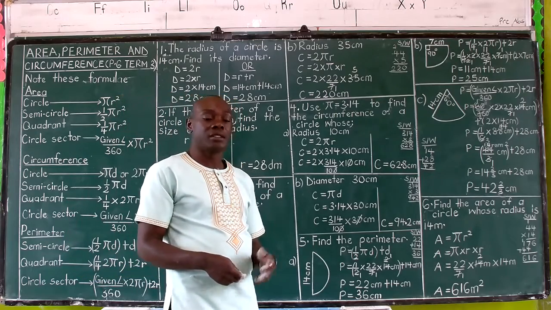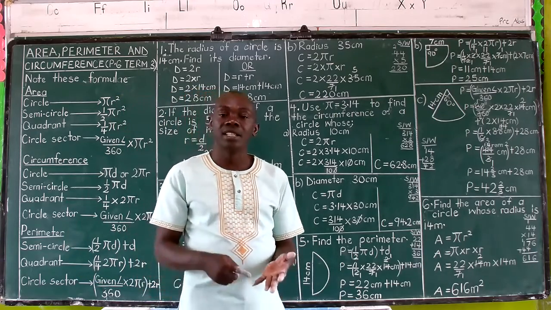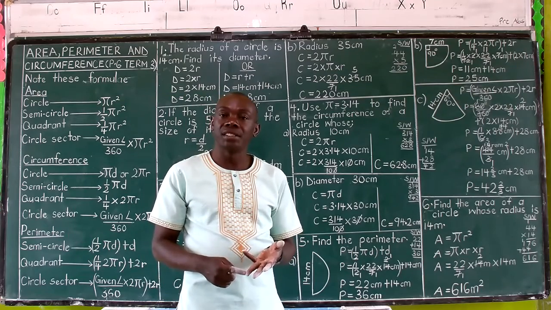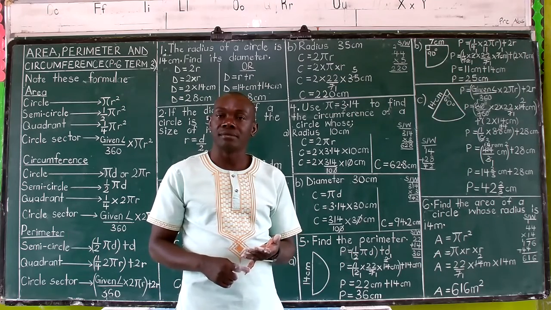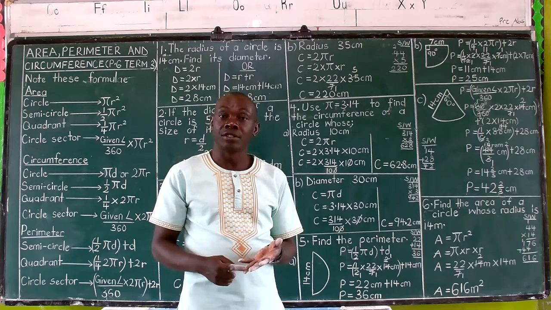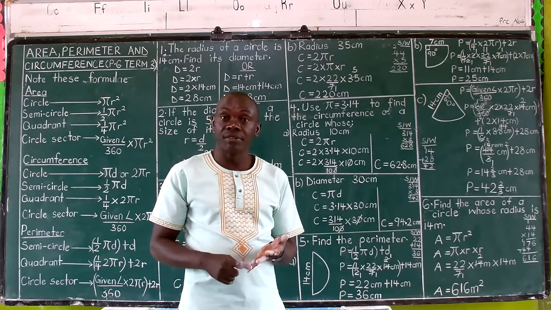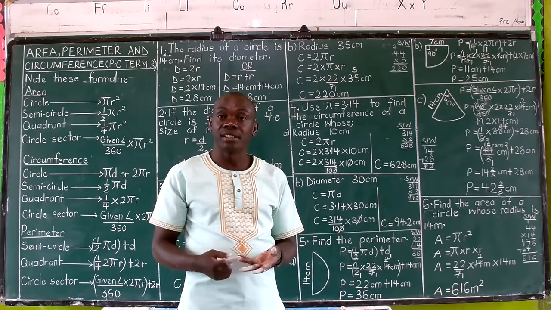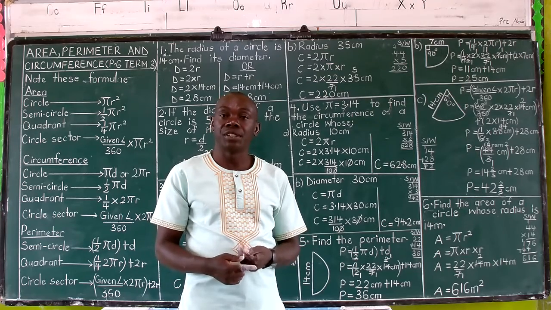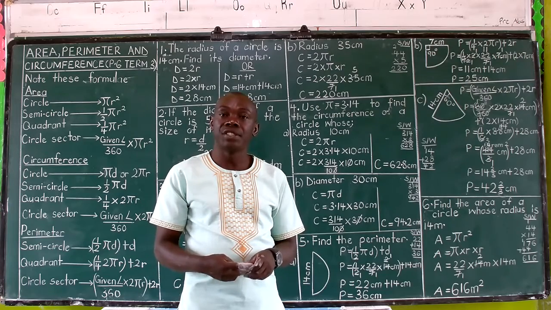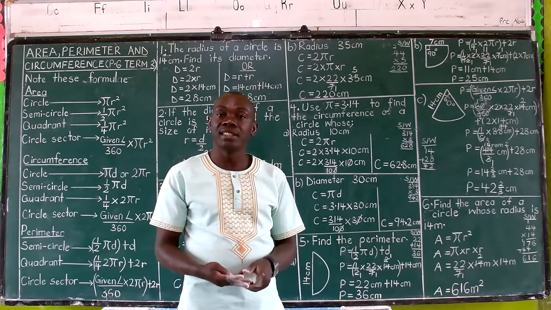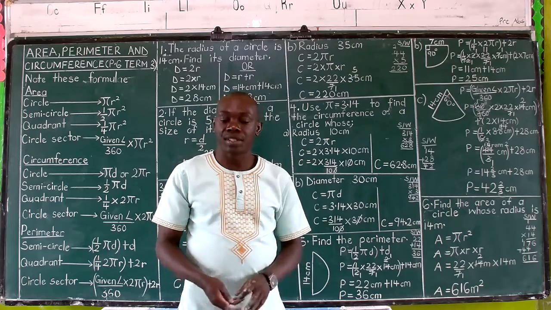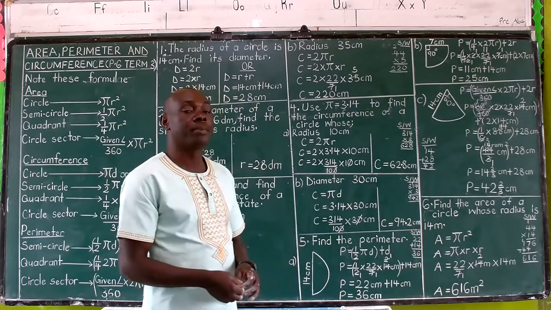The first 10 multiples of 7 are 7, 14, 21, 28, 35, 42, 49, 56, 63, 70. Those are the first 10 multiples of 7.